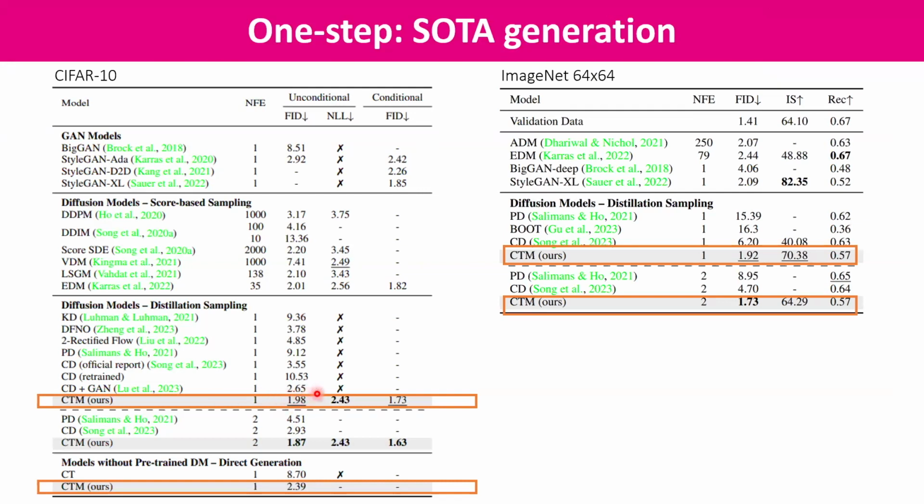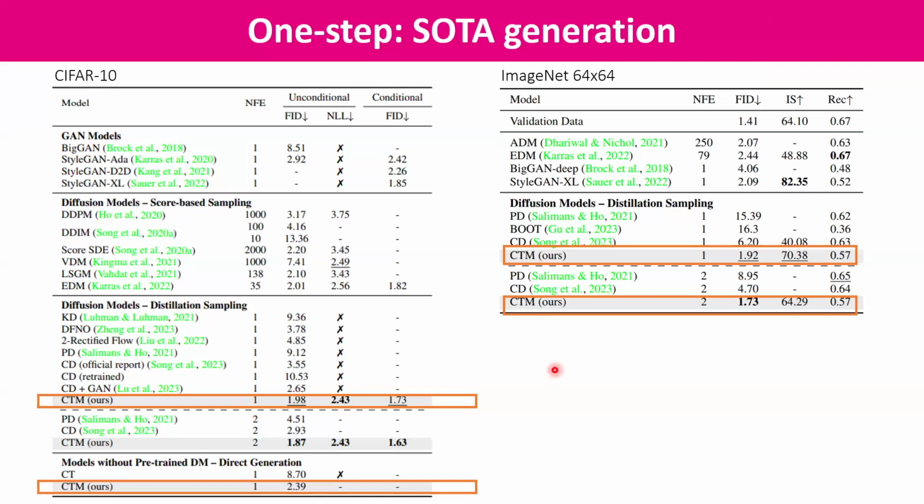I guess you used the previous paper's results, so I'm wondering what would happen if we use the exact same architecture and training configuration. Oh yeah, this is the same configuration. Before, CM didn't have GAN training, and we use the same configuration, trained exactly the same as CM, but the output is different, and this is the result.